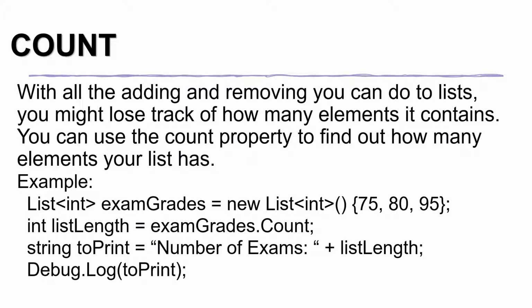So rather than dot length, you just do dot count, and it returns an integer of how many elements. So make sure you don't get those two mixed up. Dot length doesn't work in lists, dot count doesn't work in arrays. So remember which one is meant for the length of the list, which is dot count, and which one is meant for the length of an array, which is dot length.